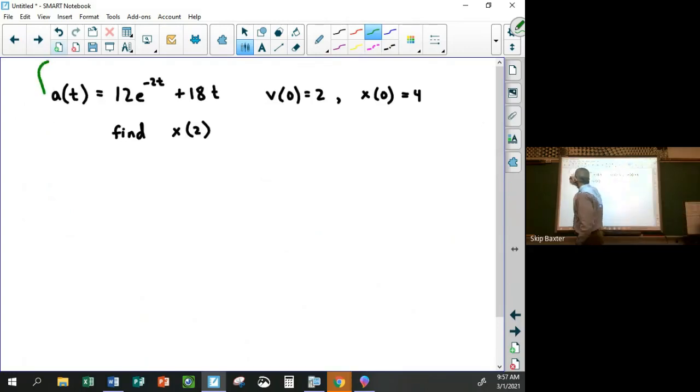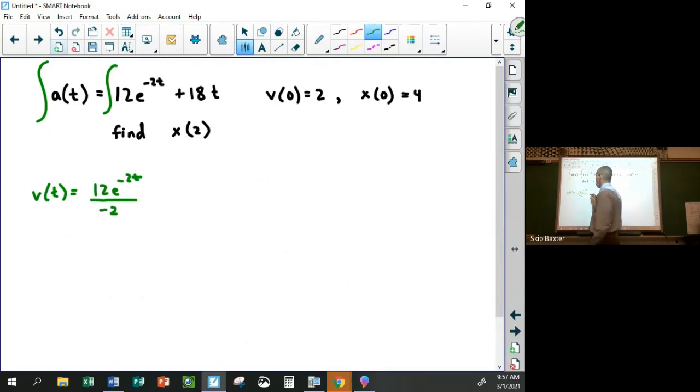So you take the integral here, so you get v of t is equal to 12e to the negative 2t divided by negative 2 plus 18t squared over 2 plus c. Now we're going to use this initial condition to get the value of this c, right?